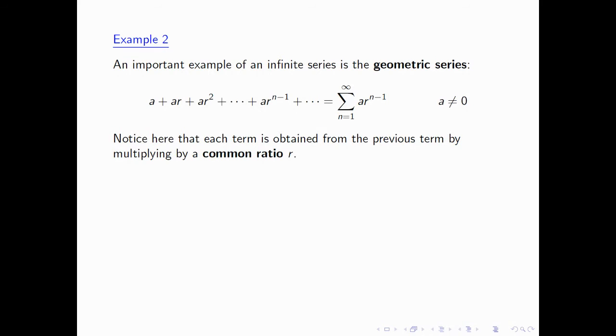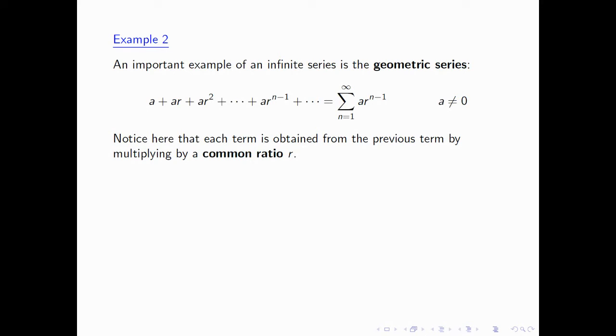And we usually expect that a is not equal to 0, simply because if a is 0, then 0 occurs in all of the terms, and then the whole thing is 0.